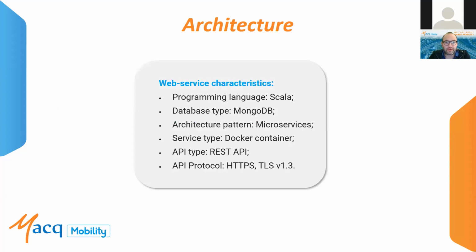Here you have the web service characteristics and the architecture we chose. The programming language is Scala. We are using a MongoDB database. Why are we using this database? Because it's the same database we use for our server and for the blacklist, which I will discuss later.